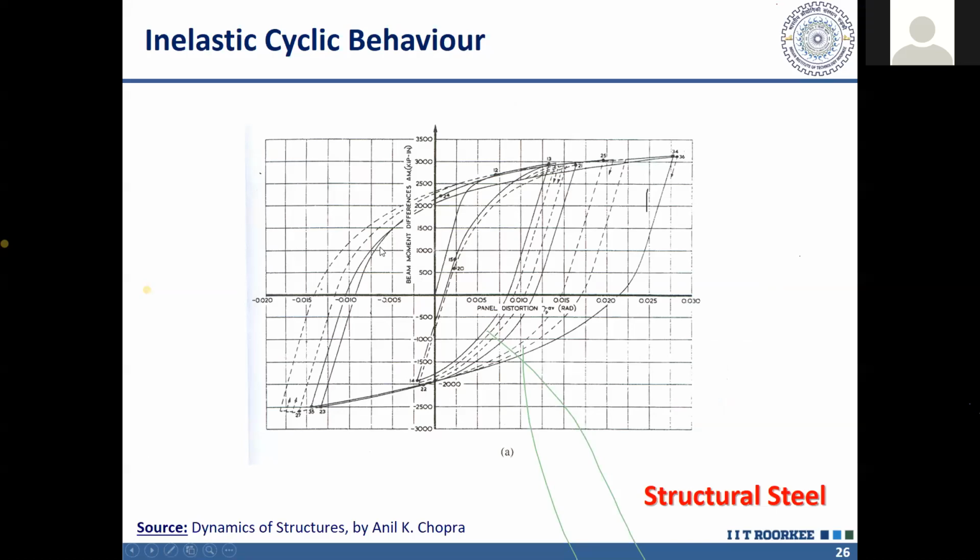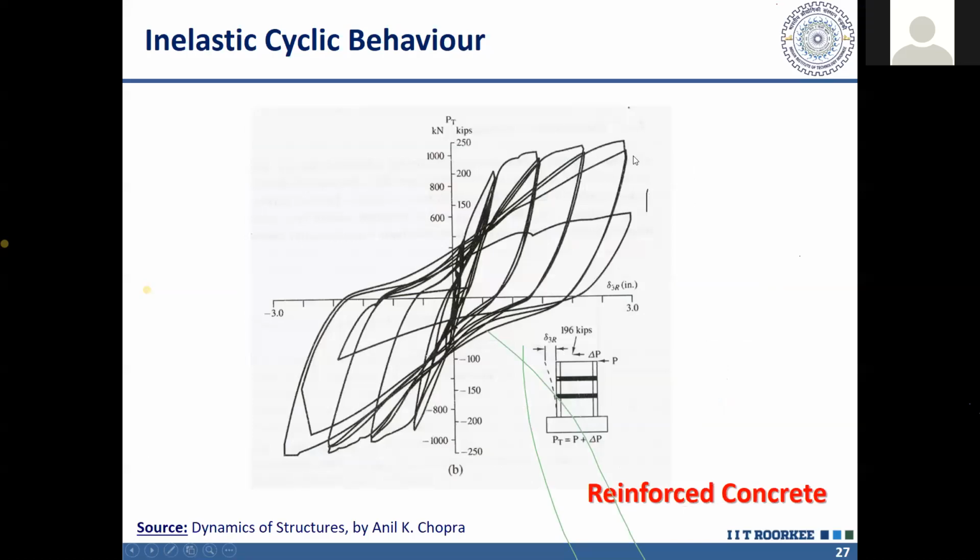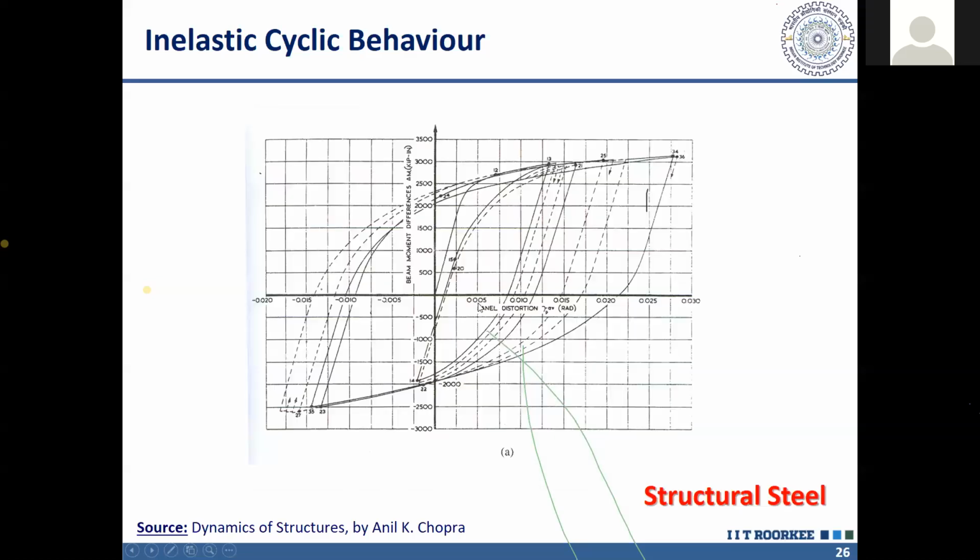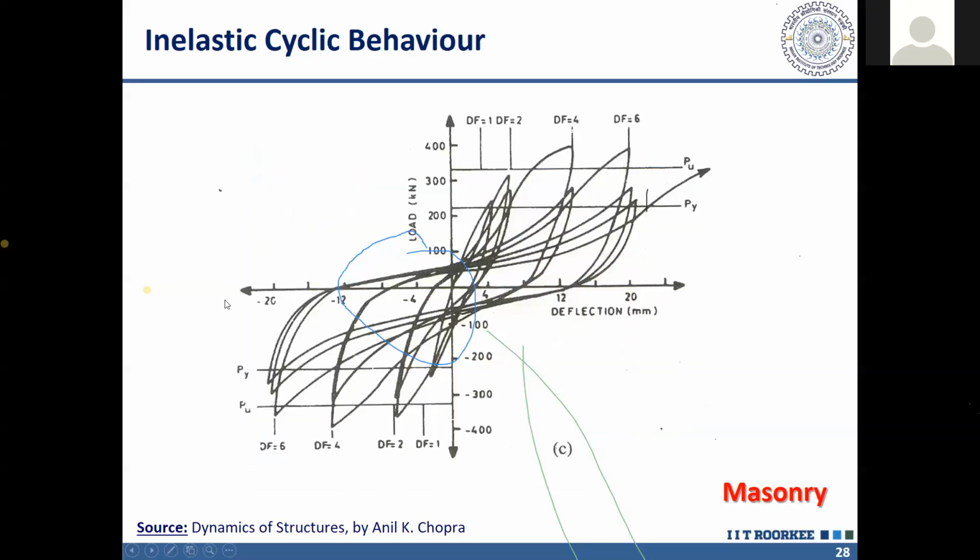But if you have a typical RCC structure, then this cyclic load behavior will be something like this. So you can see here, it is dissipating energy in steel, in concrete, and if you take masonry, then you see that this is another behavior.